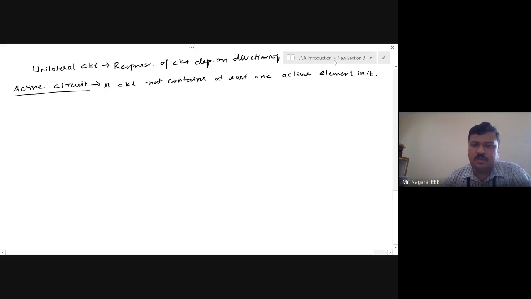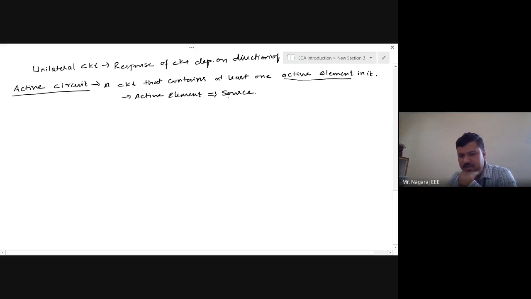Then first we should know what is active element. Active element is, now you can visualize it as a source. Active element is nothing but a source.